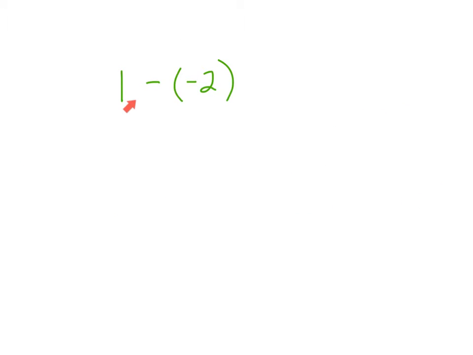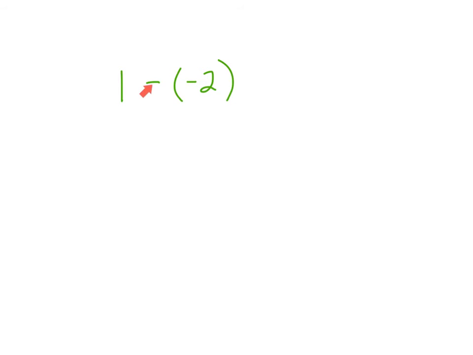All right, so here's a problem that's a little bit different. We've got 1 minus a -2. Now you can see these parentheses are here just to separate the two negatives so you don't have these two right next to each other. So here I'm not dealing with two positive numbers that I'm subtracting. Instead I'm dealing with one positive number and one negative. So instead of trying to solve it like this, let's do the opposite.